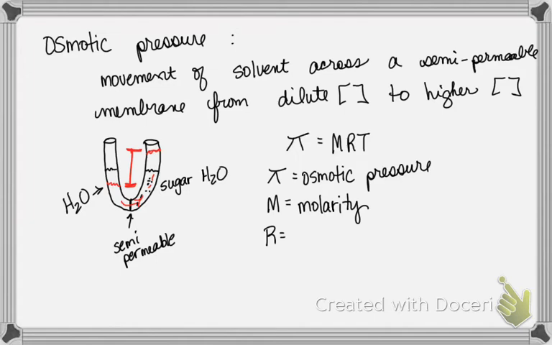R is the ideal gas constant, the same one, 0.0821, that we've been using. And T is the temperature. And since the R we're using has units of Kelvin in it, the temperature also has to have units of Kelvin. Of course, molarity is moles per liter, but you can see all those units in the value of the ideal gas constant.